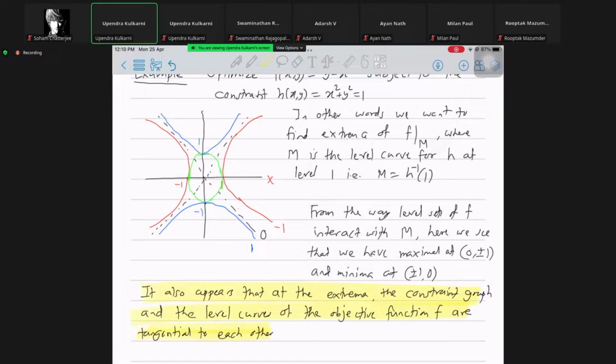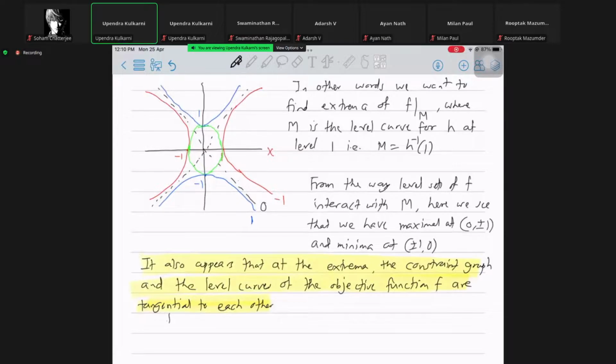So first, what does it mean? We have to see what that means. What will be useful over here is to understand the notion of tangent space. Right now what we're saying is two things being tangential to each other. So what kinds of things are those? See, the constraint graph itself is a level curve, right?